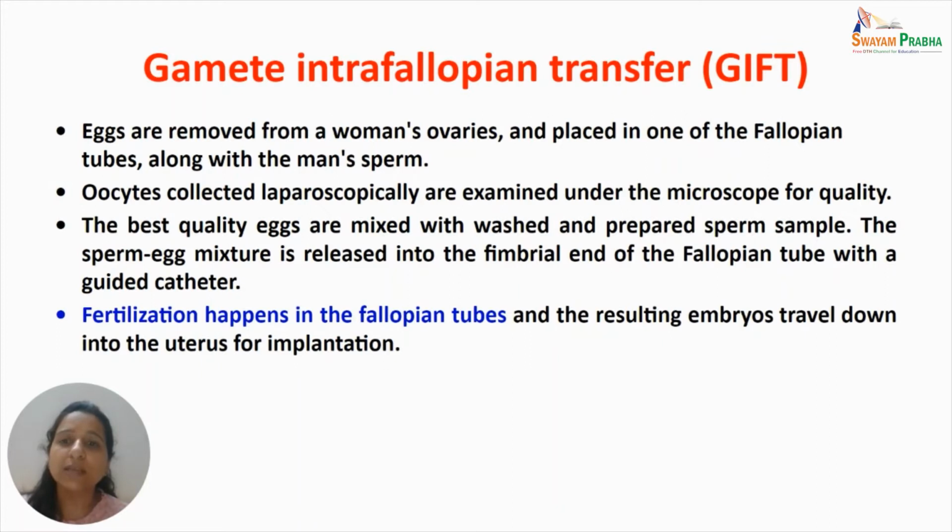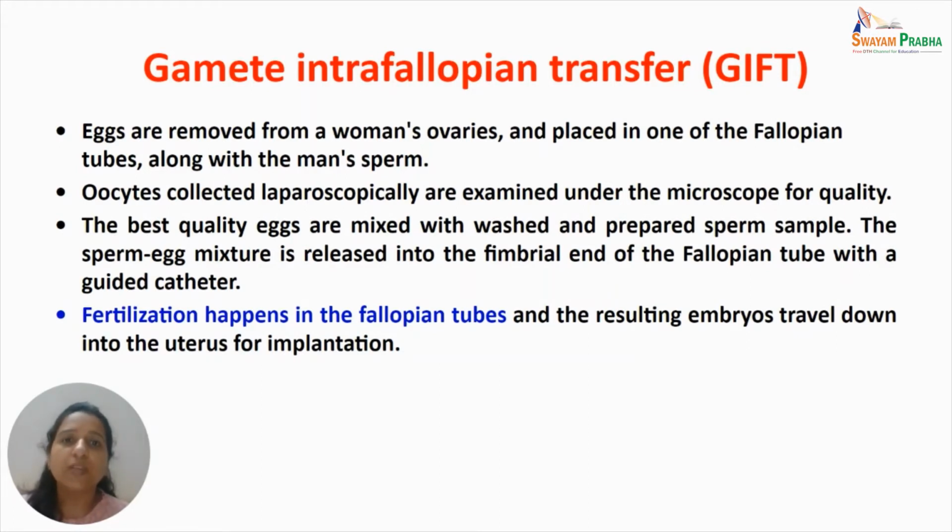So in this case, the fertilization also happens in the fallopian tube instead of the petri dish, as happens in the conventional IVF procedure. And thus the resulting embryos, which are formed during fertilization in the fallopian tubes, travel down the tubes into the uterus for implantation.